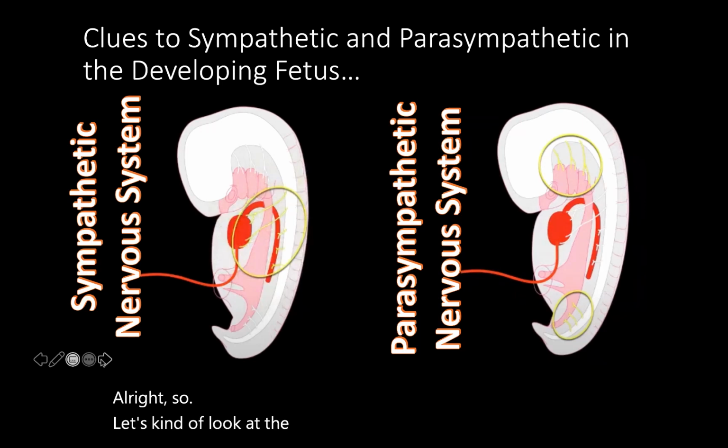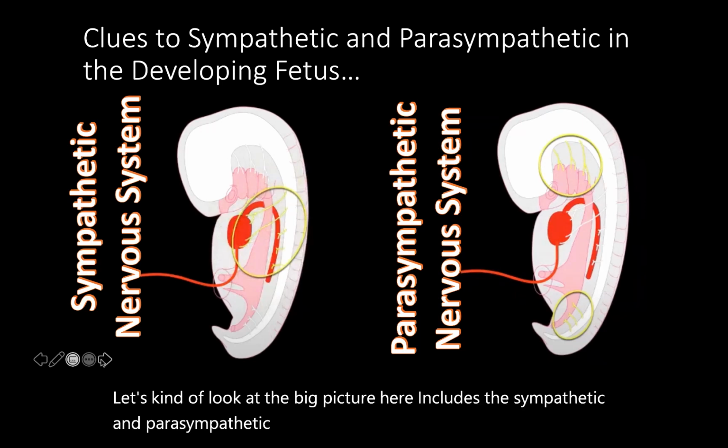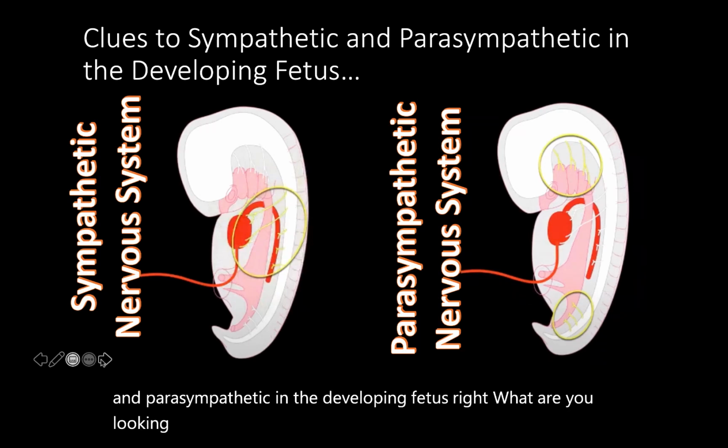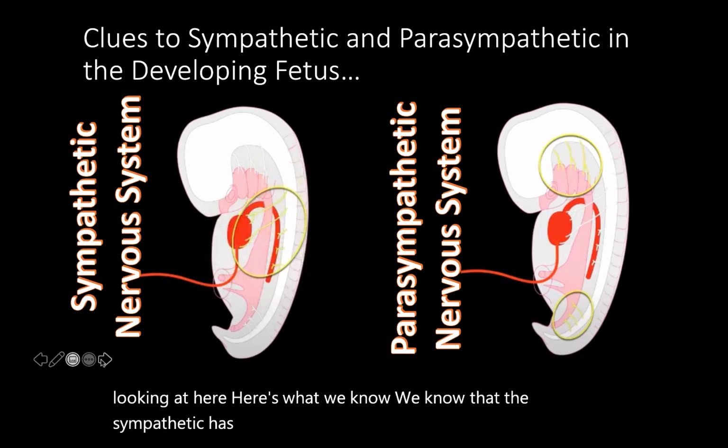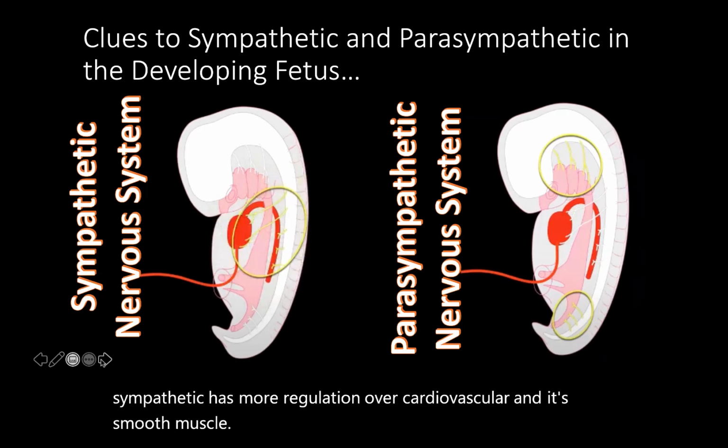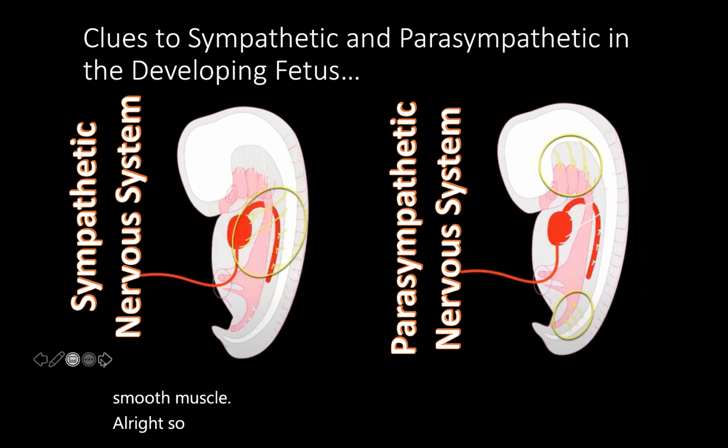Clues to sympathetic and parasympathetic in the developing fetus. What are you looking at here? Well, here's what we know. The sympathetic has more regulation over cardiovascular and its smooth muscle. When we talk about cardiovascular, we're not talking about the heart.